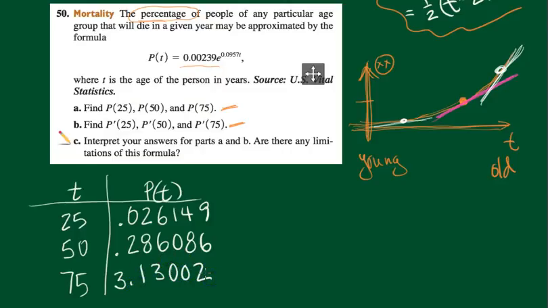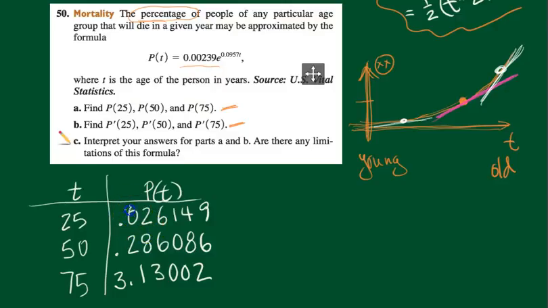Okay, so I look at these and I think, wow, really 2 or 3% of people aged 25 might die every year, and 28% of 50-year-olds? I never noticed. And then I realized, okay, this says percentage, so this is the percentage.